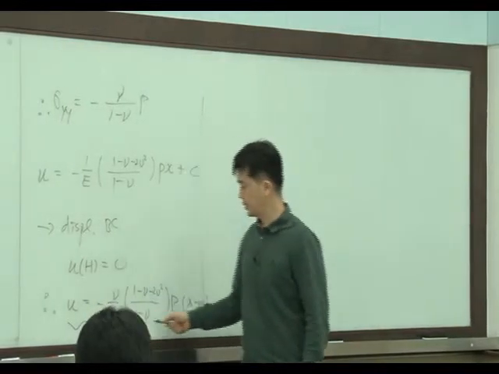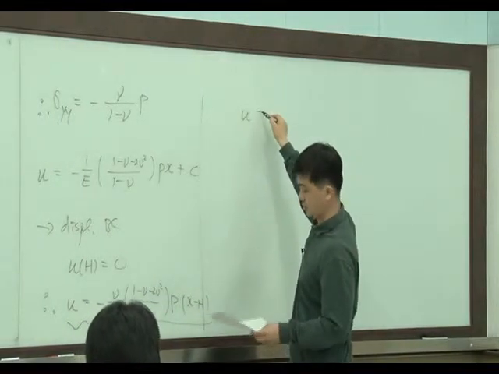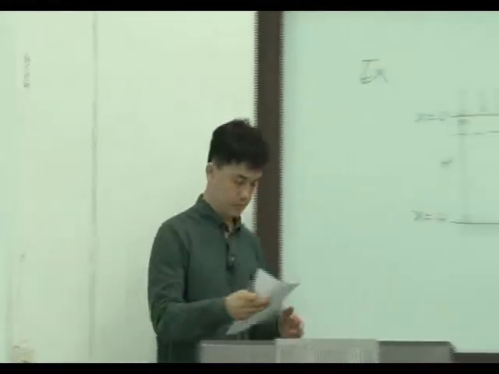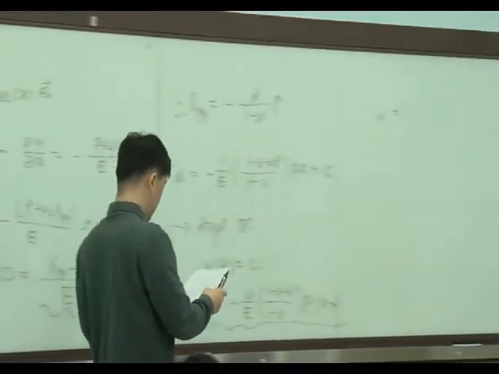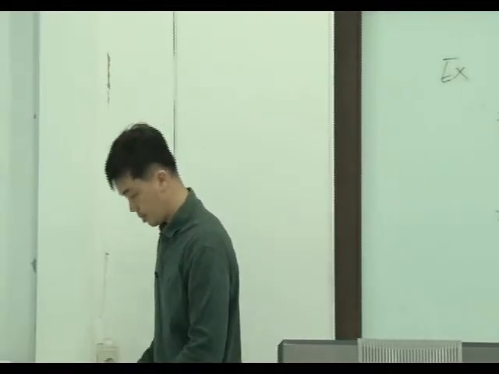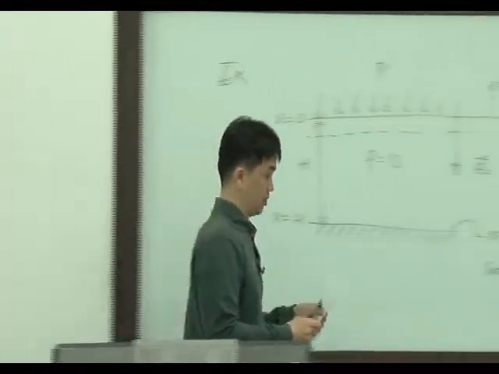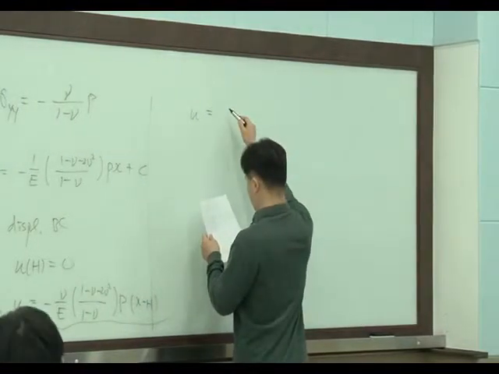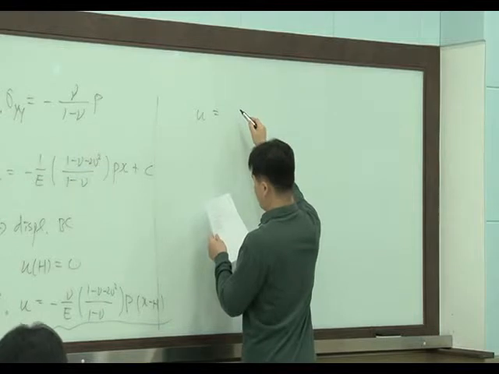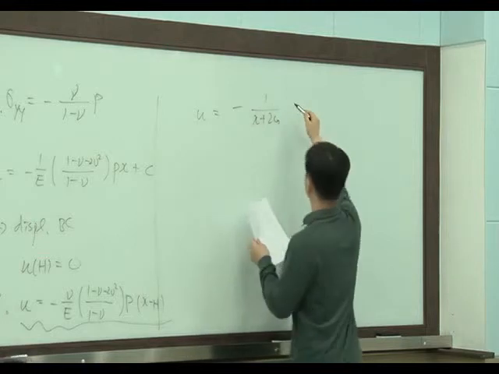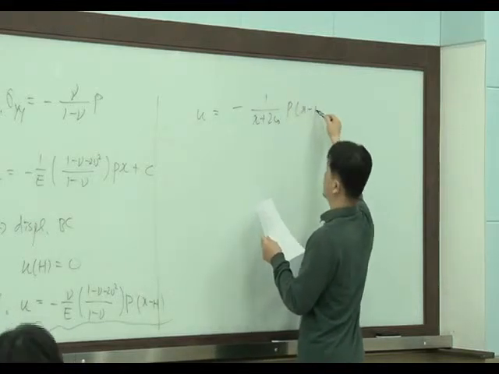So, for the displacement method, U was expressed by lambda and G. So, it was minus lambda plus 2G1 p x minus h, right?